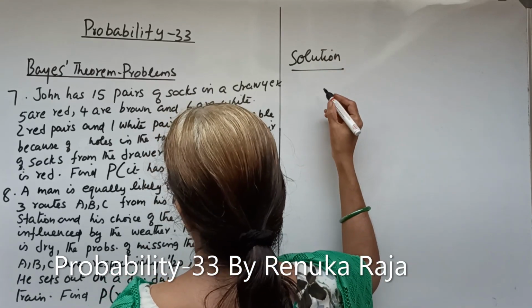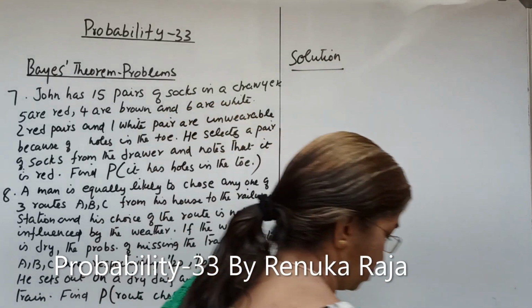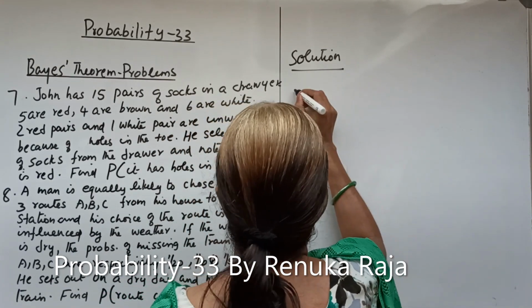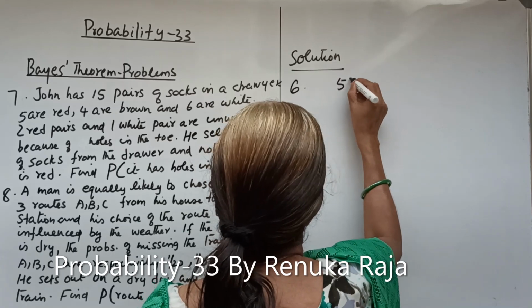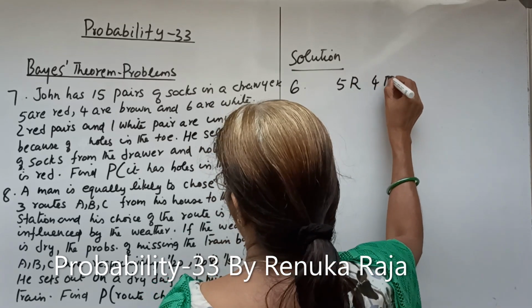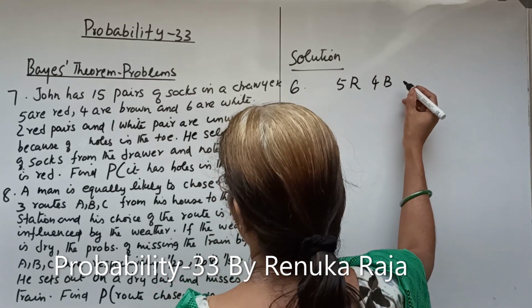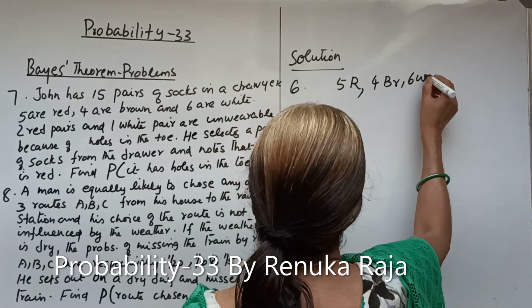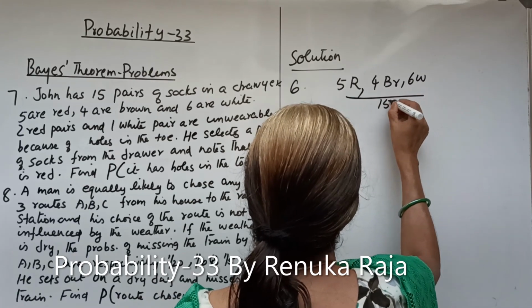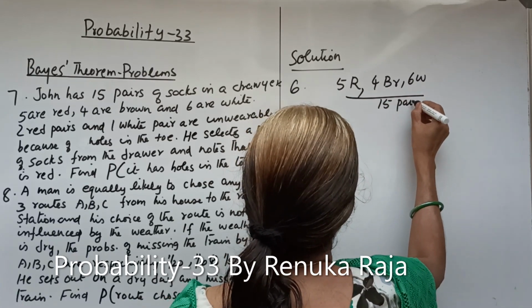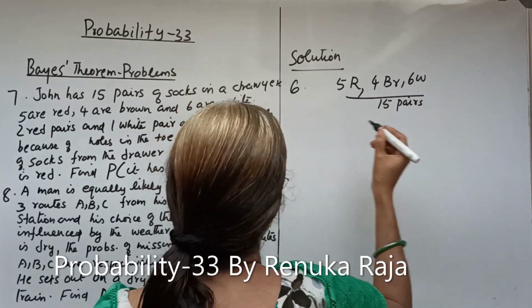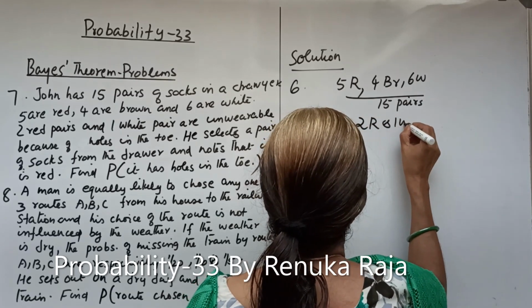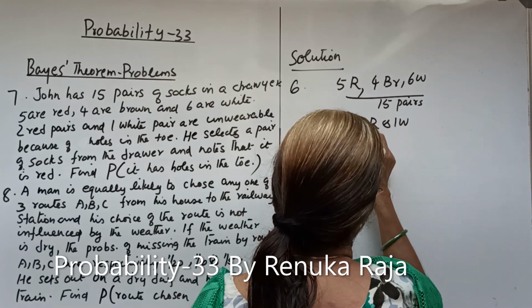Given that there are 5 red, 4 brown and 6 white, total 15 pairs of socks, and there are 2 red and 1 white pair of socks with holes.